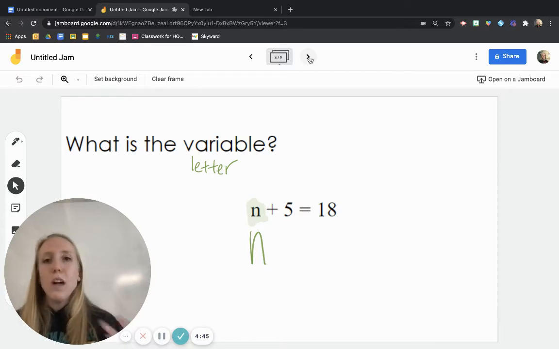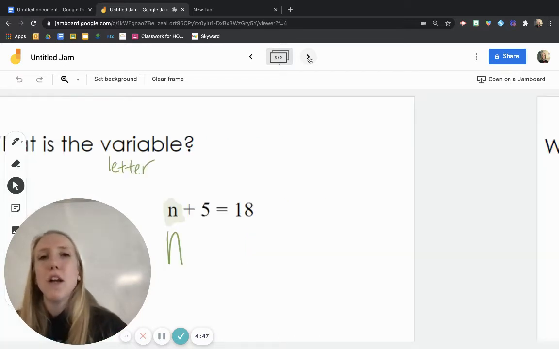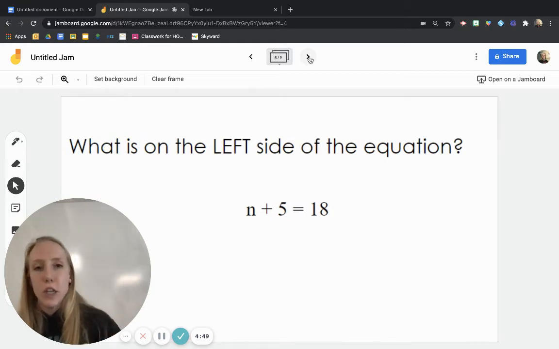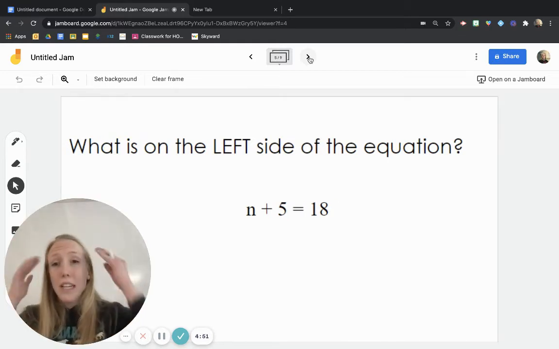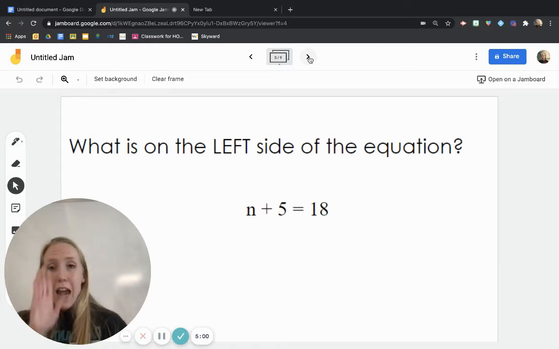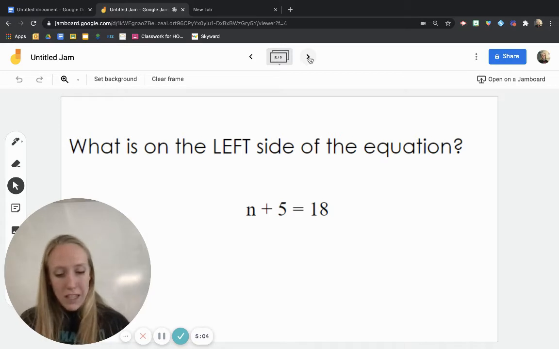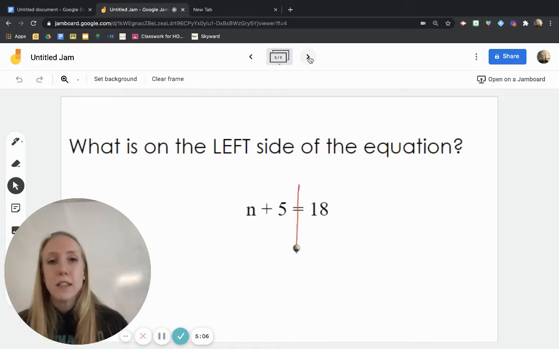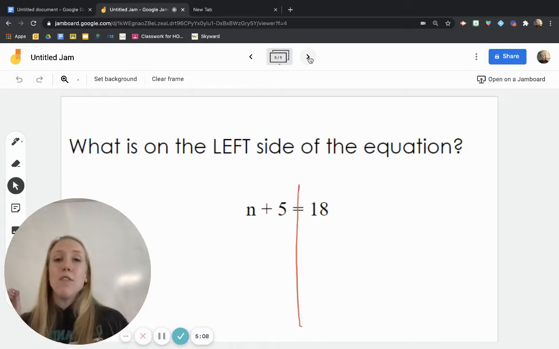So once we know what the variable is, we have to understand what the different parts of the equation are. I like to imagine an equation as being split in two pieces, on one side of the equal sign and the other side of the equal sign.